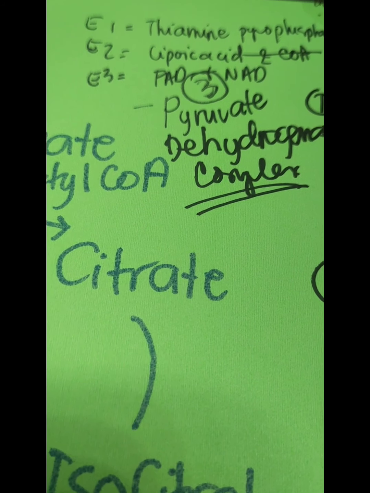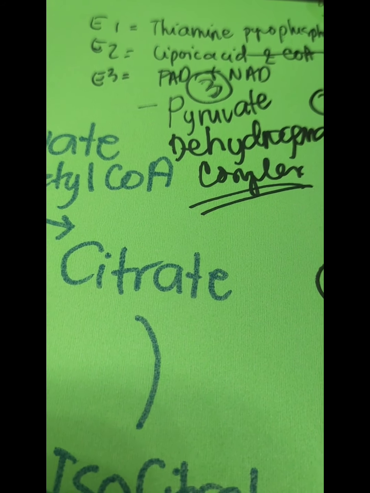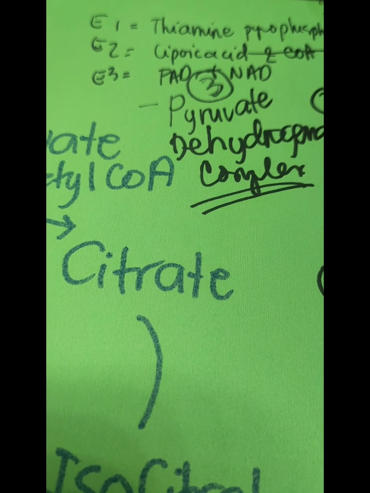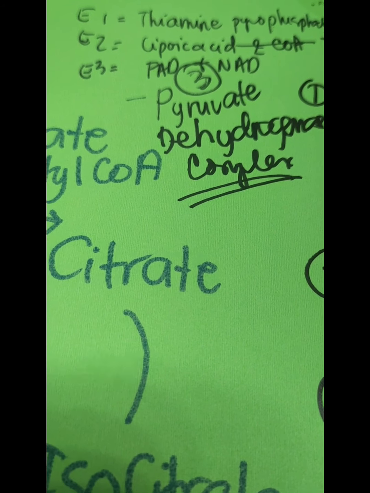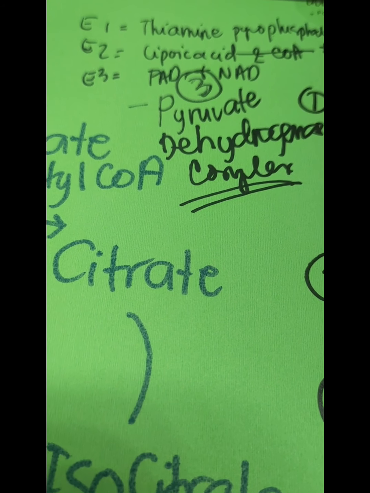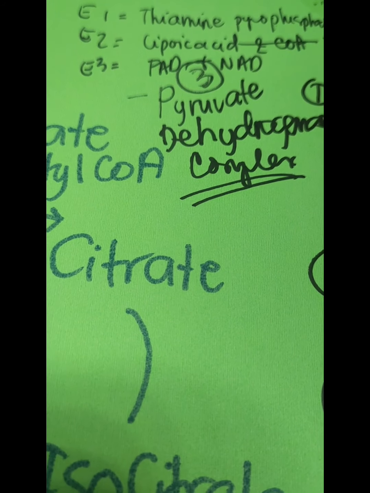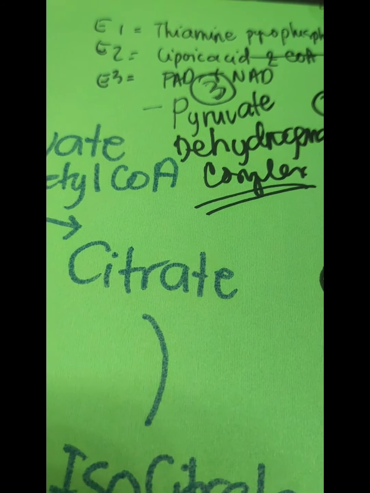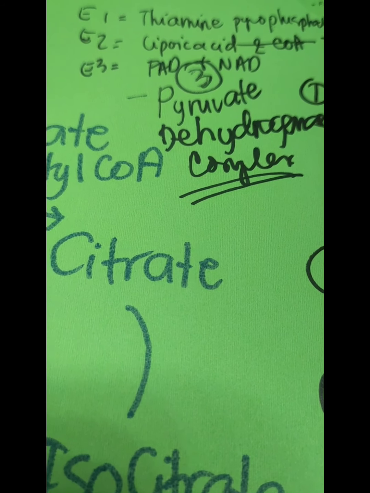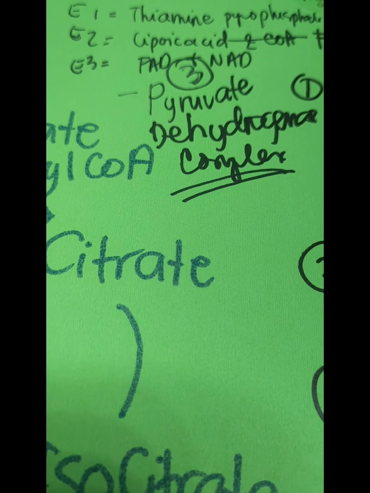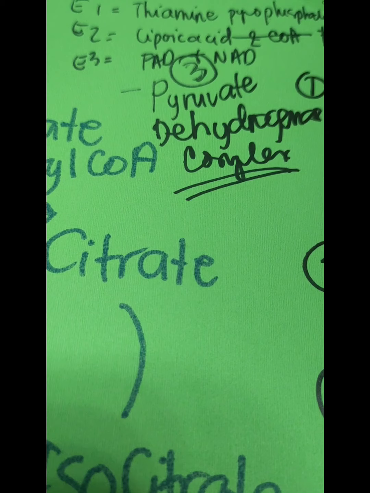While your pyruvate dehydrogenase phosphatase will activate naman the PDHC. So, si kinase, siya yung enabler. Yung huwag ka na kumilos, okay lang yan maging tamad. Okay? And si phosphatase, that is the one that pushes your PDHC na magsipag, okay, to be activated.